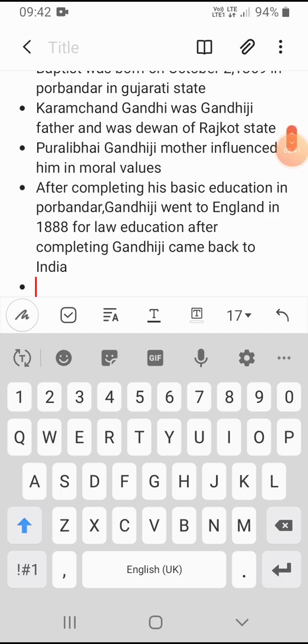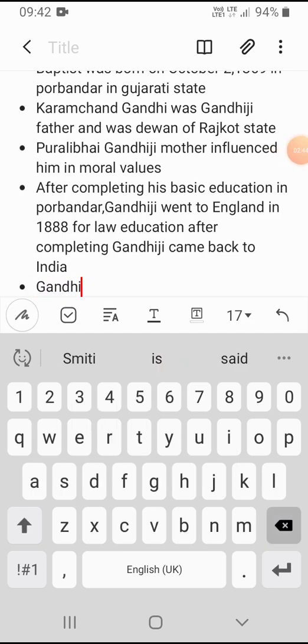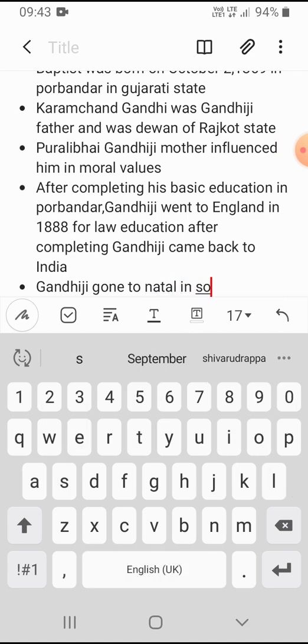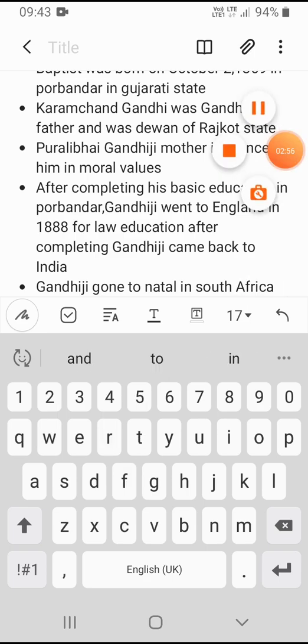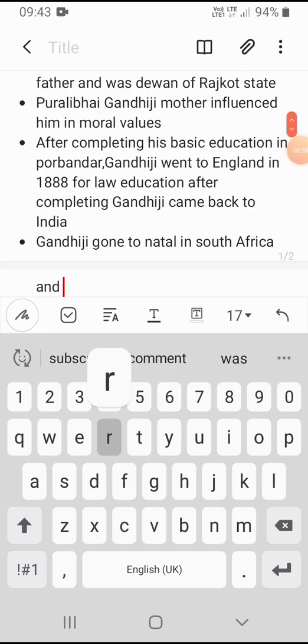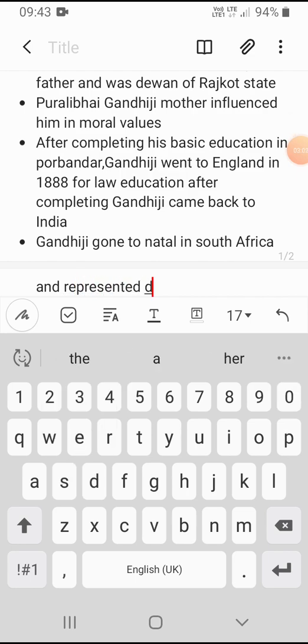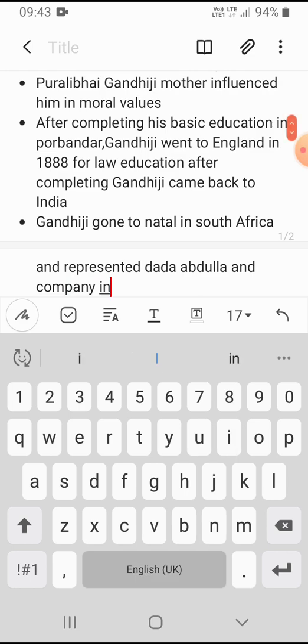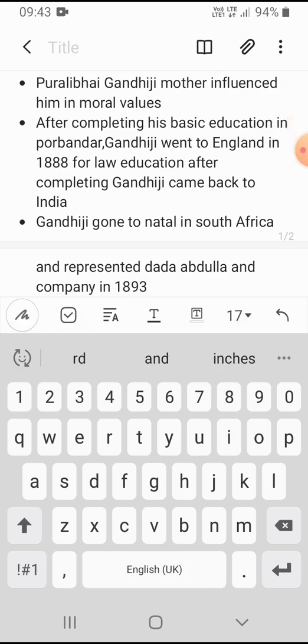Returning to India, Gandhiji went to a place called Natal in South Africa and represented the company Dada Abdullah and Company in 1893.